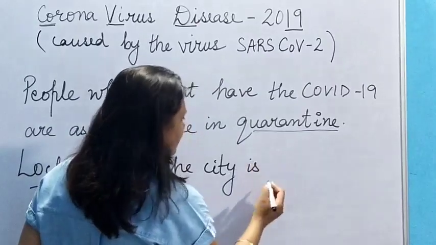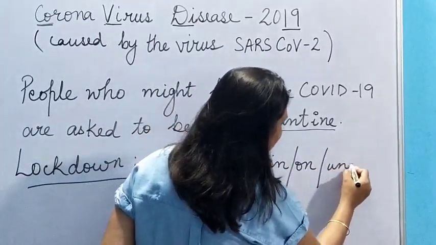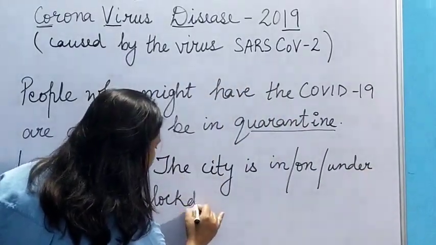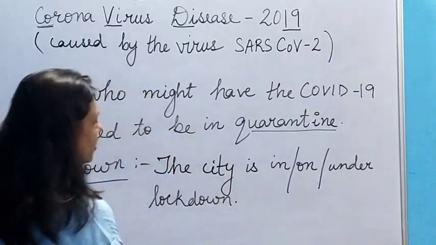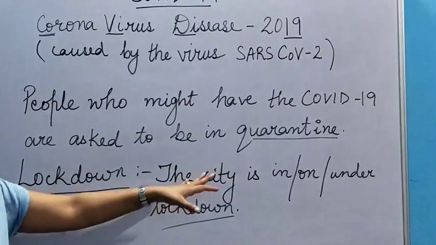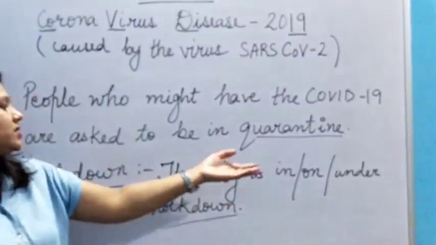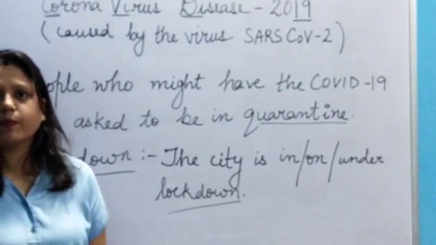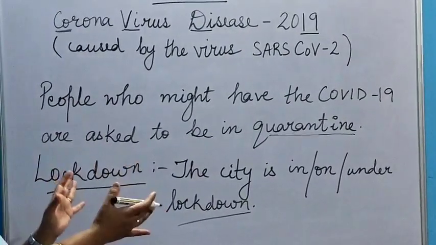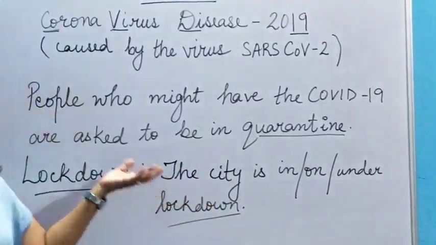So you can use this word lockdown in this way: the city is in lockdown, the city is on lockdown, or the city is under lockdown. This is how we used these words, which are actually nouns, in different sentences.